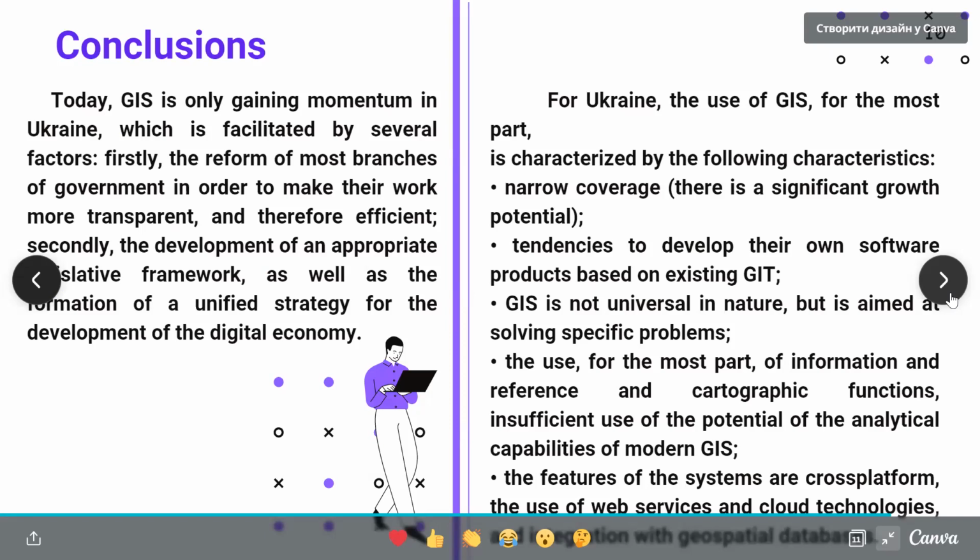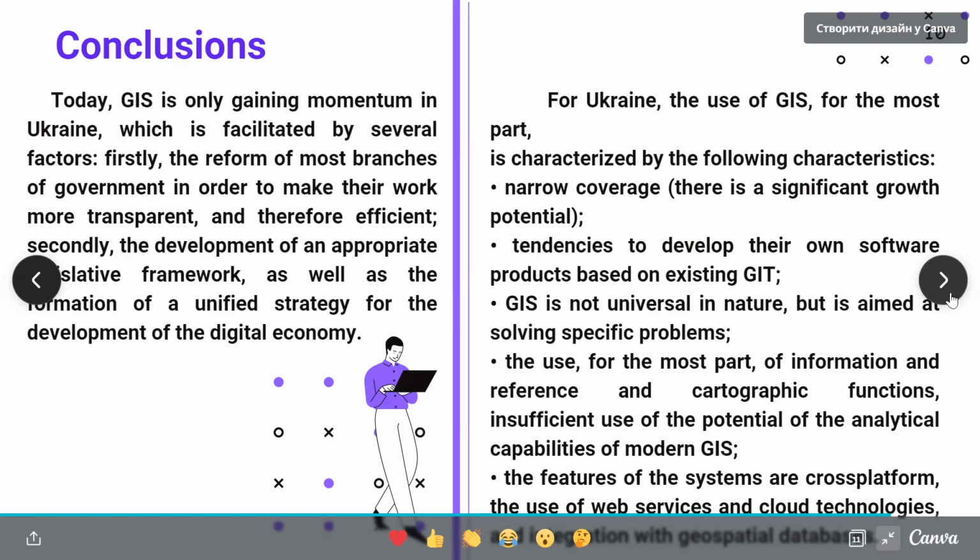For Ukraine, the use of GIS for the most part is characterized by the following characteristics. Narrow coverage, there is a significant growth potential, tendencies to develop their own software products based on existing GIS. GIS is not universal in nature, but is aimed at solving specific problems.